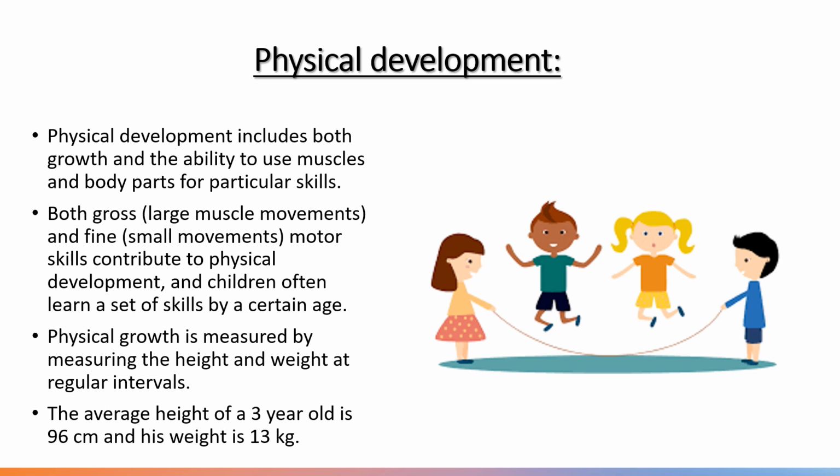This can be divided into two types of development, with which we do all types of skills. Which are those areas? Gross motor skills stand for large muscle movements, meaning we are doing heavy work.